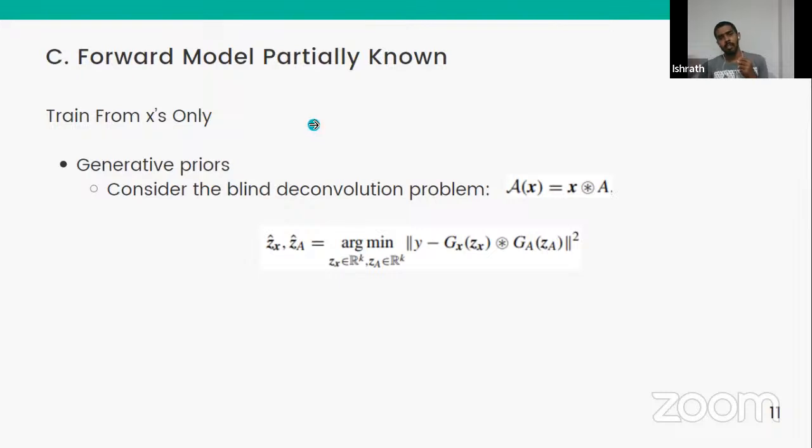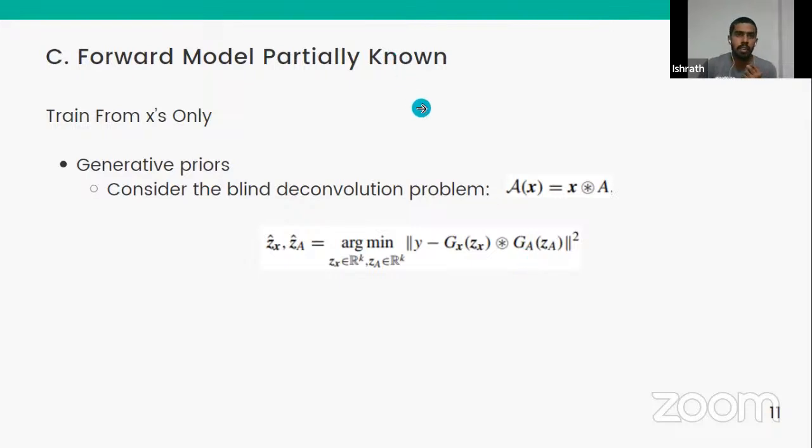So in the training phase, we are again going to use generative priors, but for the forward model too. We are going to have a generative model for generating ground truth images, and a generative model to generate our forward model as well.